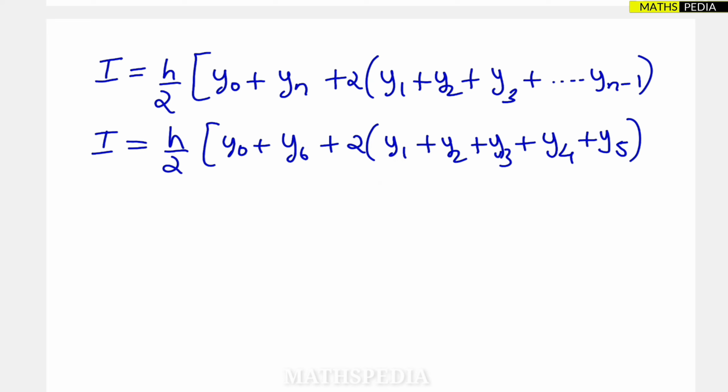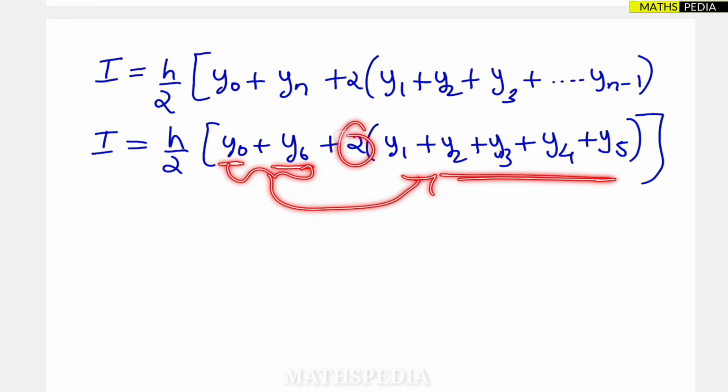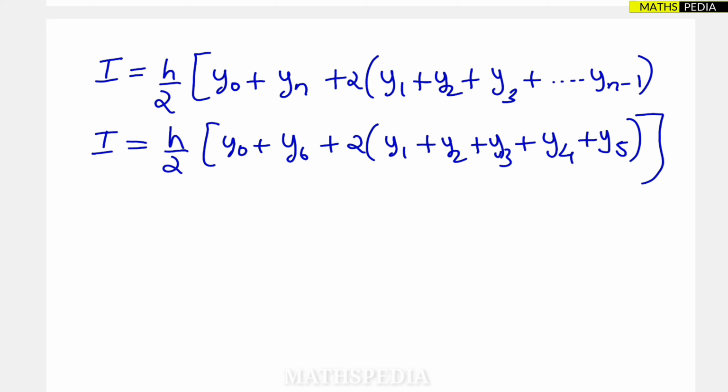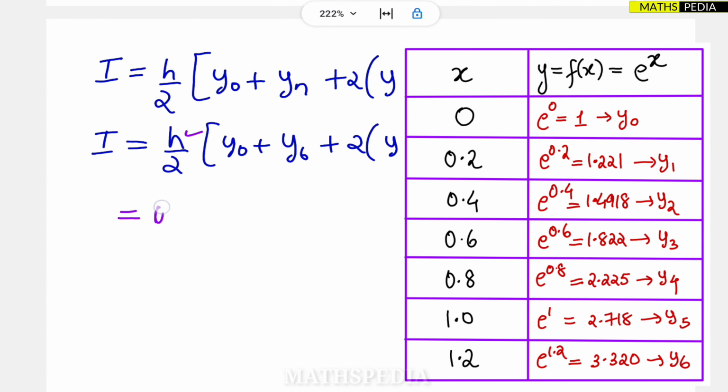So the simple logic here is: first term, last term, and whatever is between these two terms, put that and multiply with 2. Simple. Now let me substitute the values. What is h? We already found out h, which is equal to 0.2. So 0.2 divided by 2, substitute all values and find the answer.